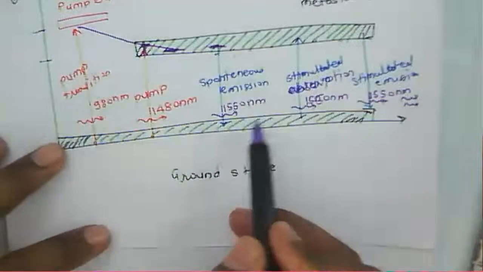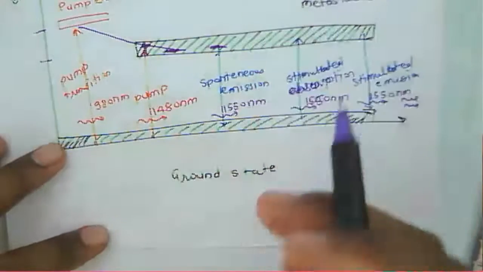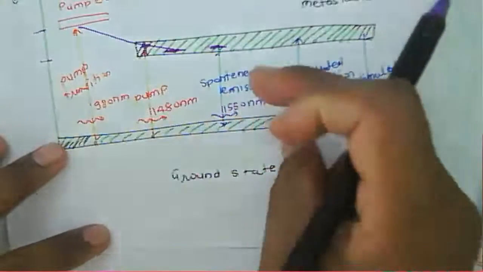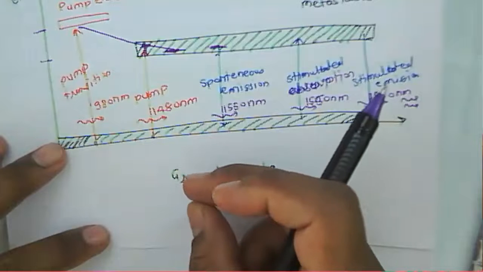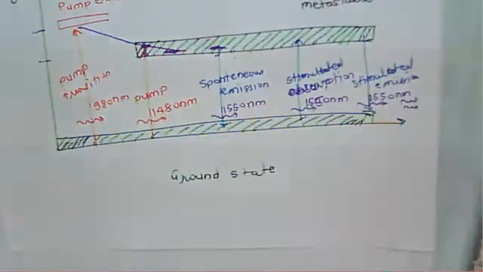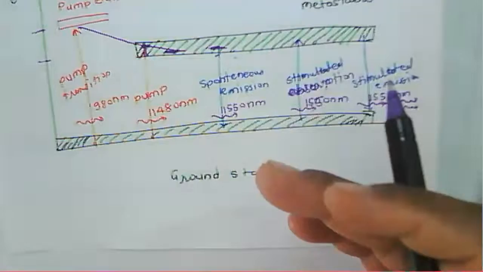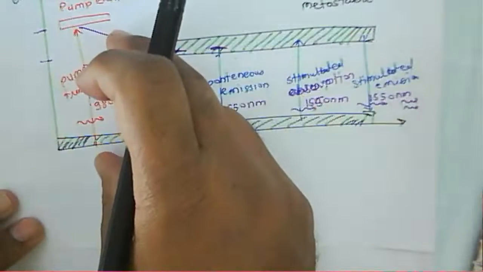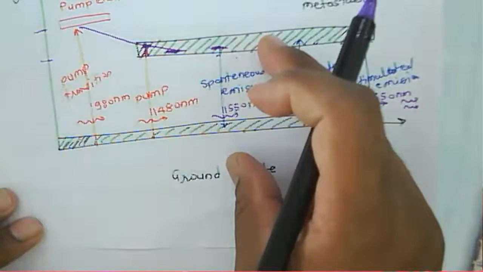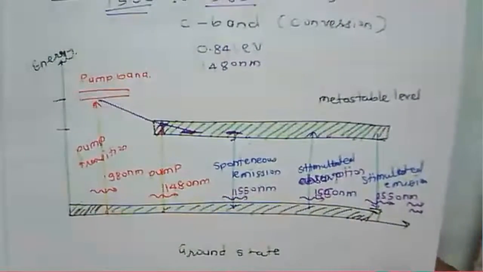Here absorption and emission take place, depending upon what type of host material and what type of dopant is used in the glass, and accordingly the erbium doped fiber amplifier will work at that particular band of operation.